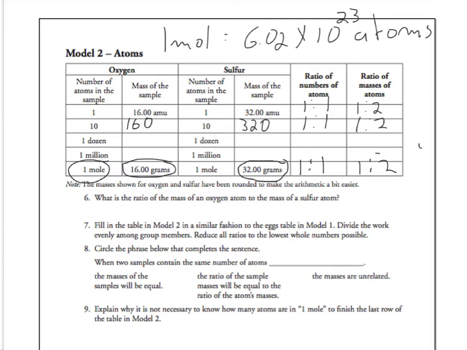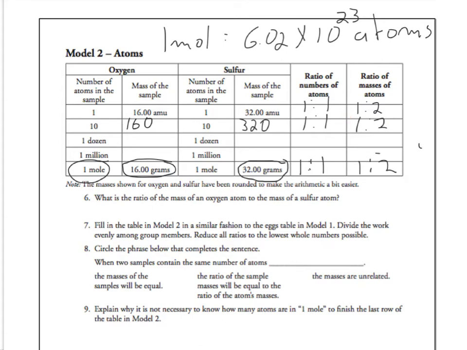The key points here are that although the masses of two different atoms, in this case oxygen and sulfur, are different, if you take that mass, so in this case 16 AMU and 32 AMU, the ratio of the atoms is going to be 1 to 1, but the ratio of the masses will be 1 to 2.